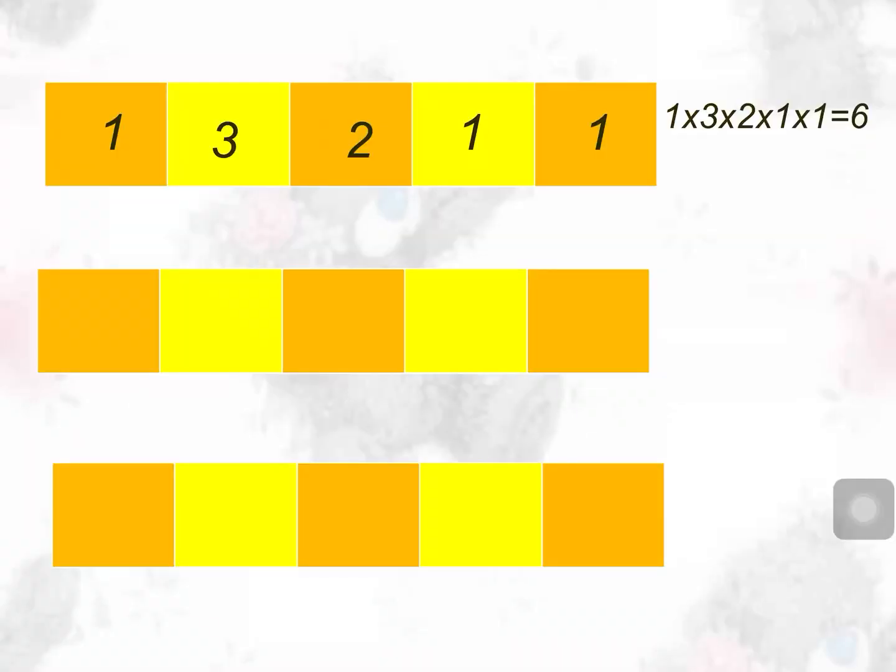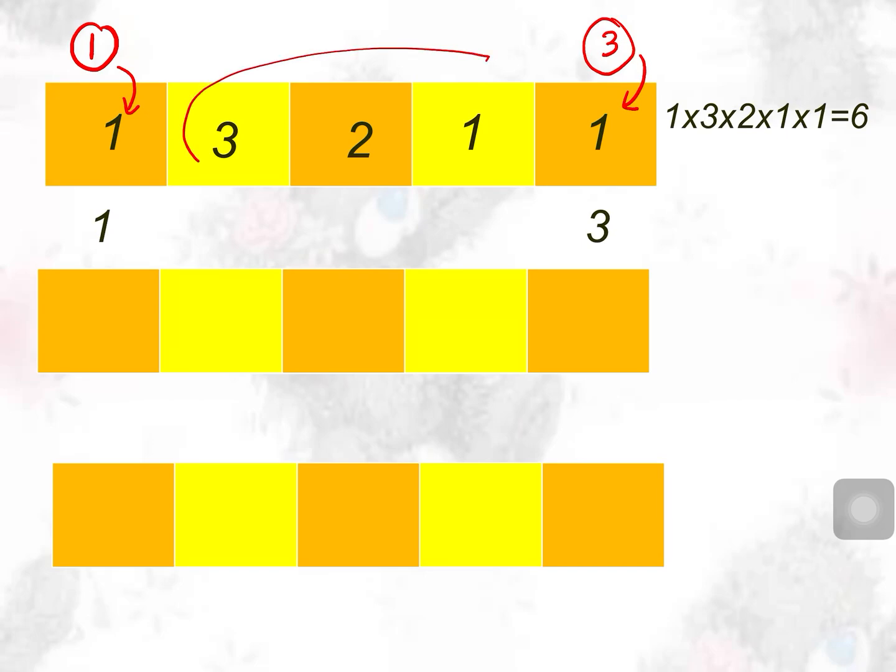Let's look at how we solve this question. Just now I mentioned only 1 or 3, right? Number 1 is in front, or number 3 is at the back. There is only one possibility for 1 to be put here, and only one for 3 to be put here.